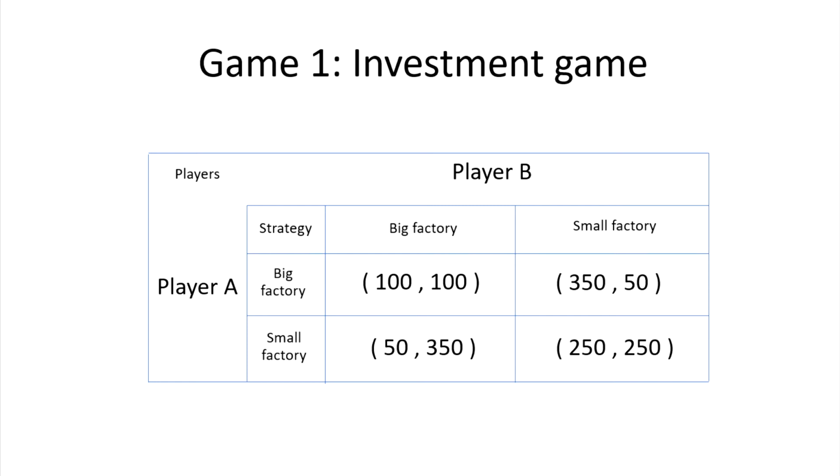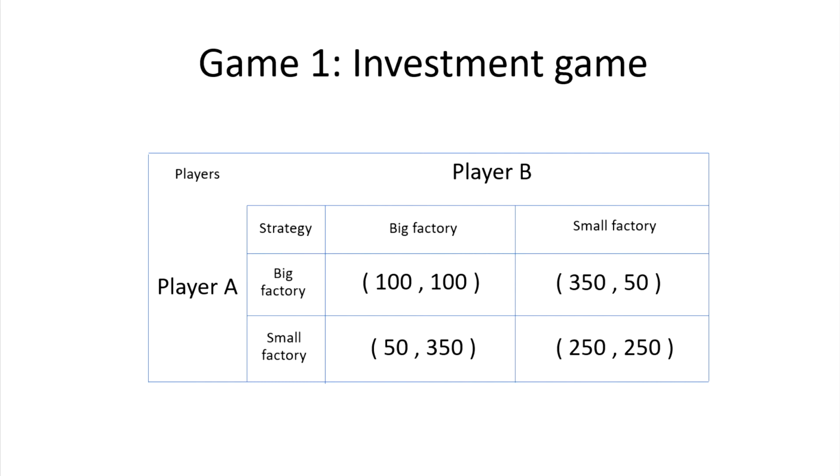So, what if player A and player B build small factories? You see that both A and B will gain 250 million baht. So, the situation is better. Here you see, for small factories, the numbers of supplying which will be sold into the market will be small.